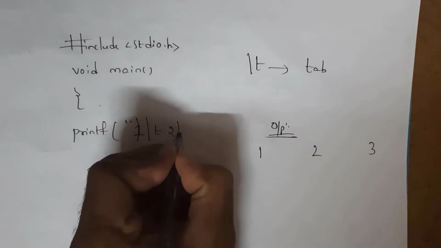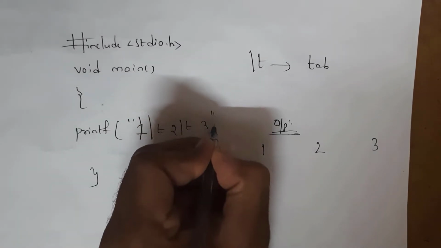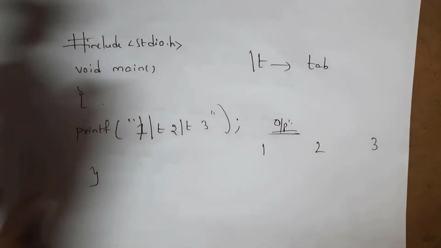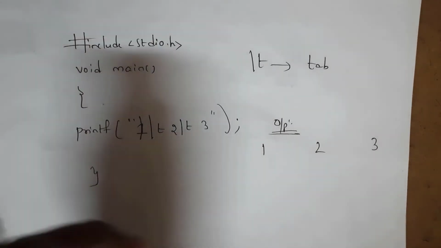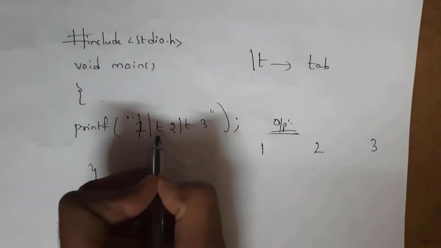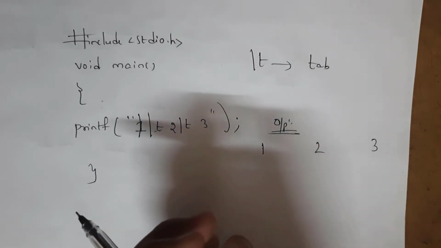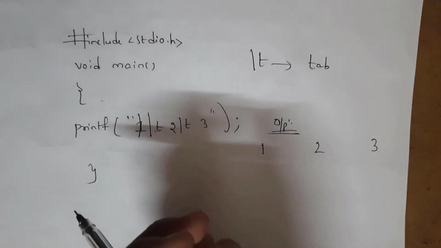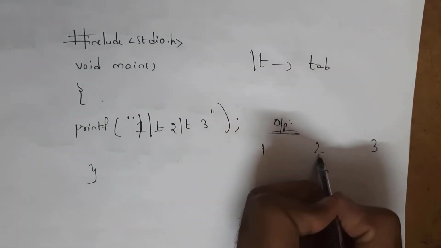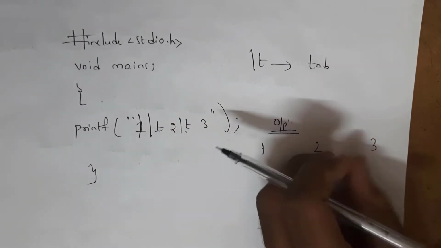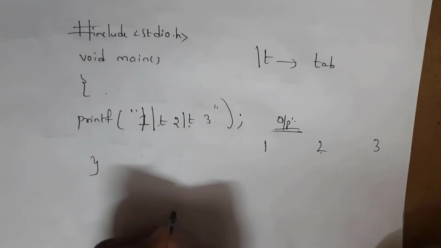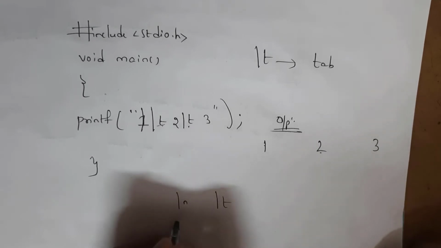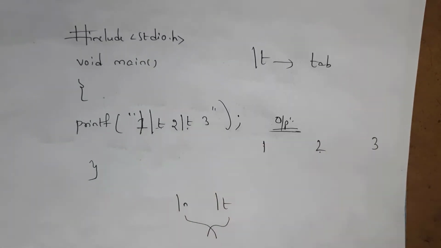Similarly 2 \t 3. Close double quotations, close bracket and give semicolon. Whenever you execute this program, you will get output as 1, \t means tab. Whenever you press tab, however much space you get, that much space you get here. After 2 \t 3. This is my output, where \n and \t are two common escape sequences that we use.